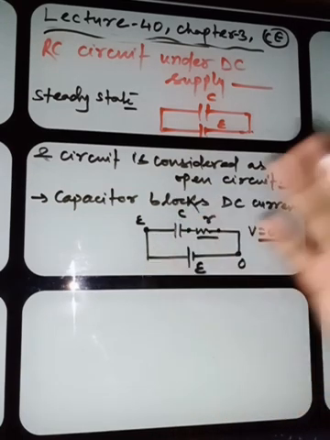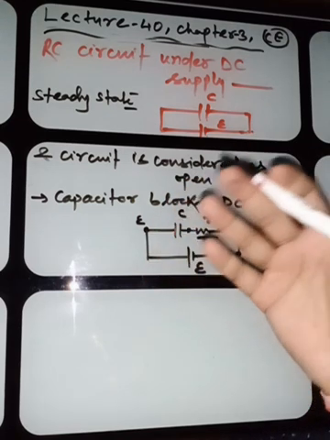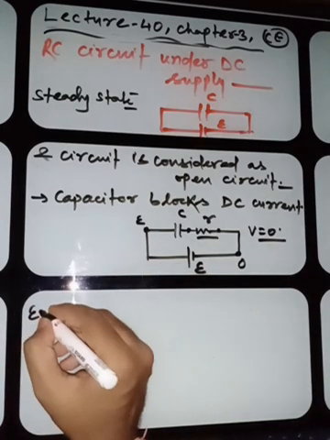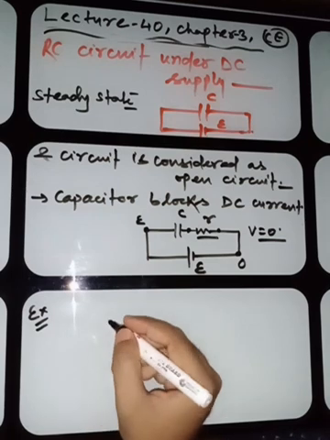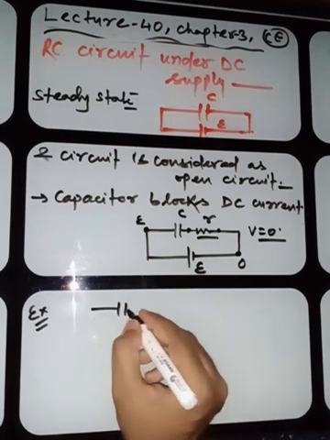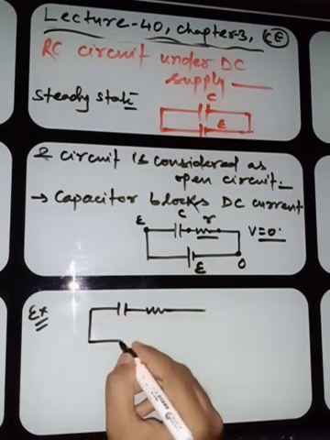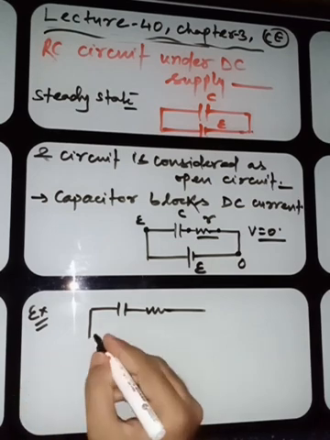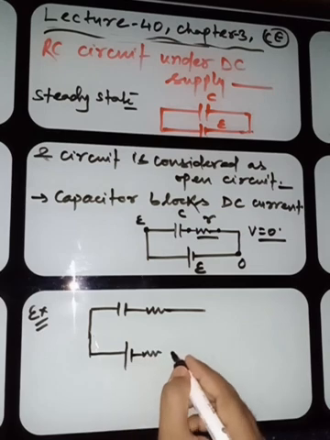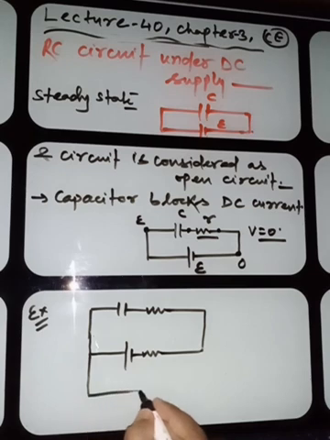I can take a number of examples to explain this one, but it would be better if we solve a few questions that will enhance your concept. So the one example I'm taking over here. Suppose a capacitor is connected with a resistor, and let me connect a cell over here, a cell with internal resistance, and another resistor.